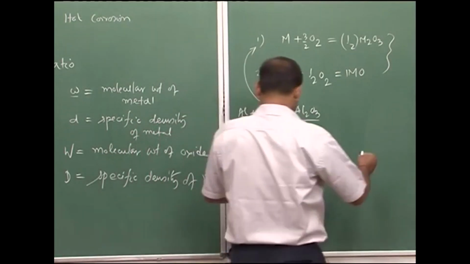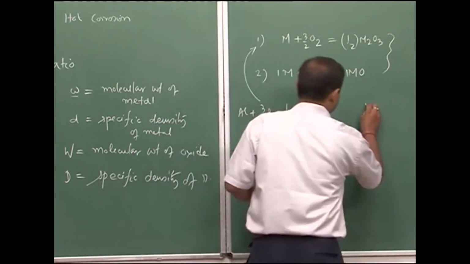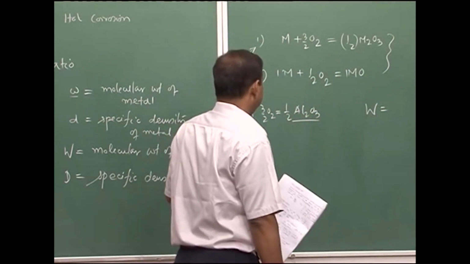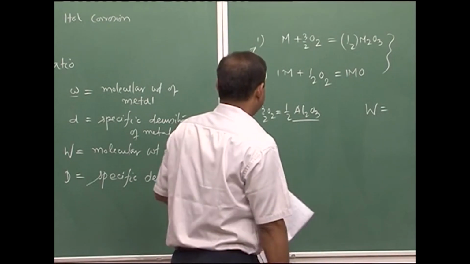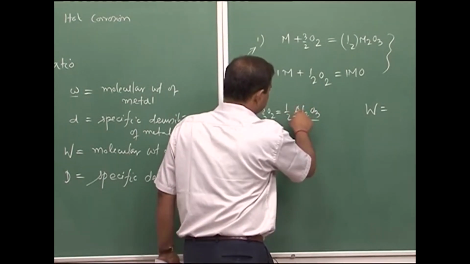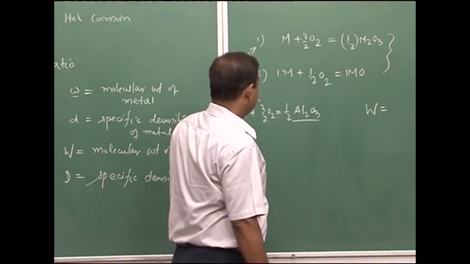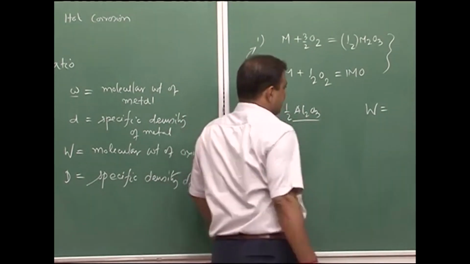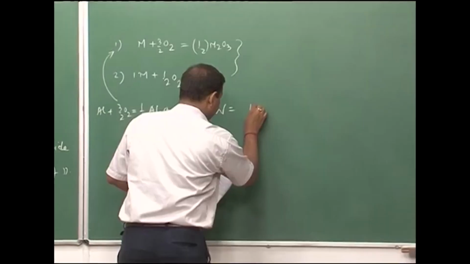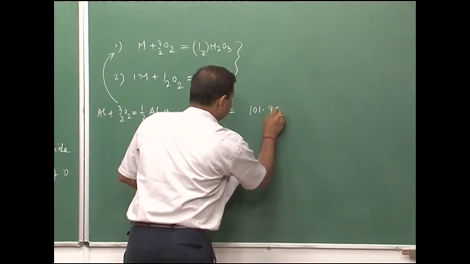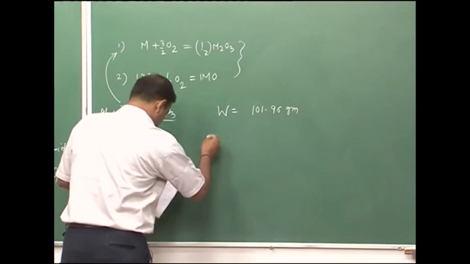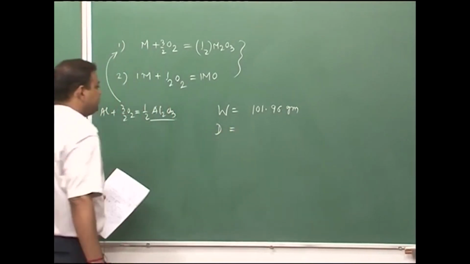In that case, from the atomic weights of all the elements and how many atoms there are in the molecule, we can determine that capital W for 1 mole of oxide becomes 101.96 gram, and we can also determine the density of this oxide.